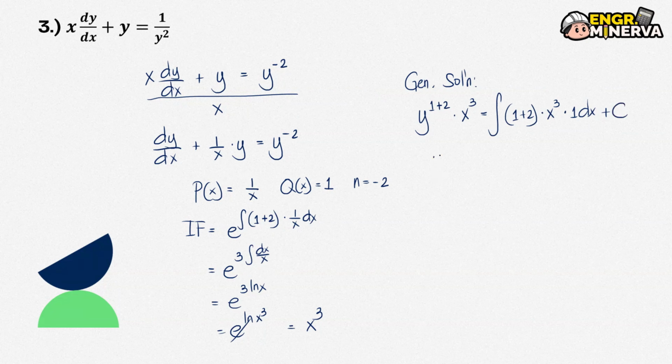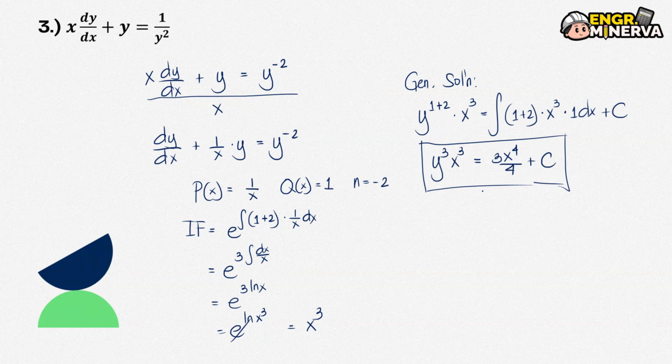So that would be y cubed x cubed equals, that would be 3 x to the 4th over 4 plus c. So this is our final answer.